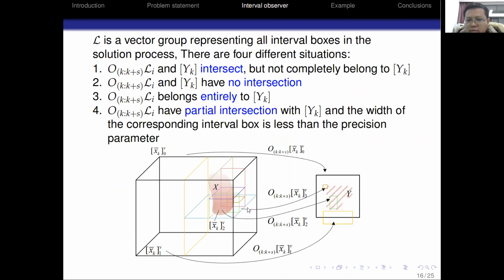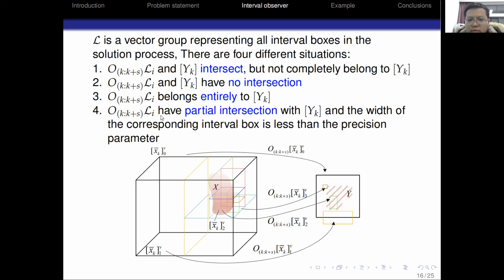The third situation is when OXk belongs entirely to Y, such as the green one. X2 is in this box, and if we compare OXk2 with Y, we can see OXk belongs entirely to this pink area.